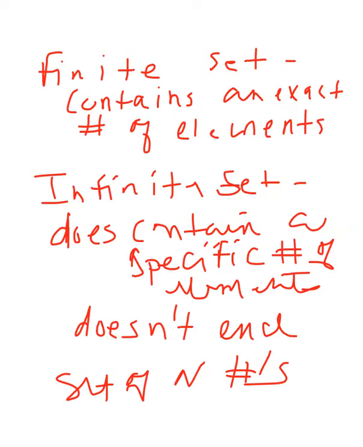So there's a difference between a finite set and an infinite set. A finite set has an exact number of elements, so it ends. But an infinite set doesn't have an exact number of elements. It doesn't end. So finite ends, infinite doesn't. Does that make sense? I hope it does.